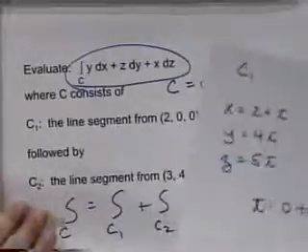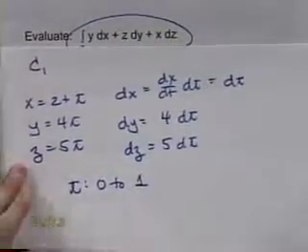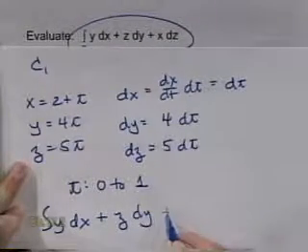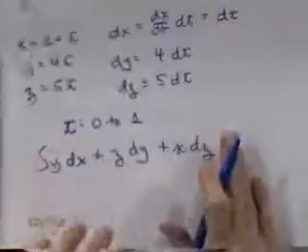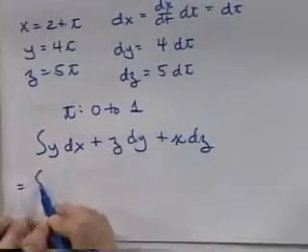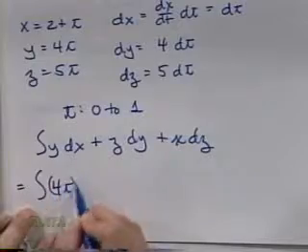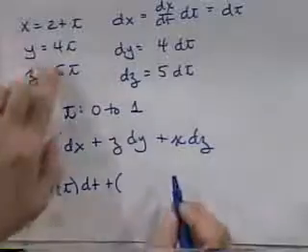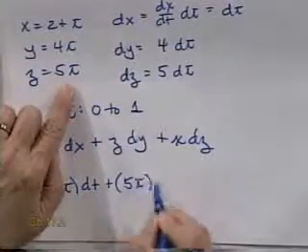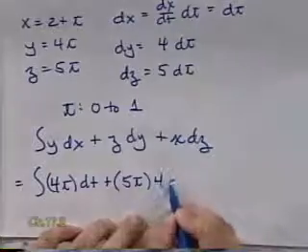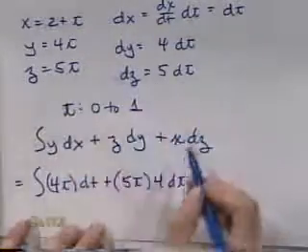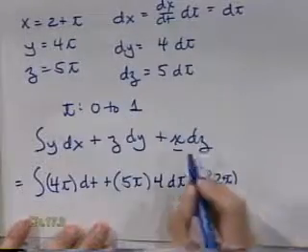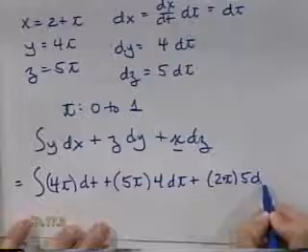Now, the integral, I'm just going to copy it right here, is the integral of y dx plus z dy plus x dz. Plugging that in, look what you get here. Y is 4t, dx is dt. Z, what's z? Z is 5t, dy is 4 dt. Plus x, x is 2 plus t, dz is 5 dt.